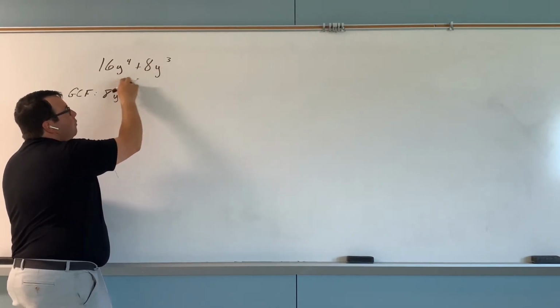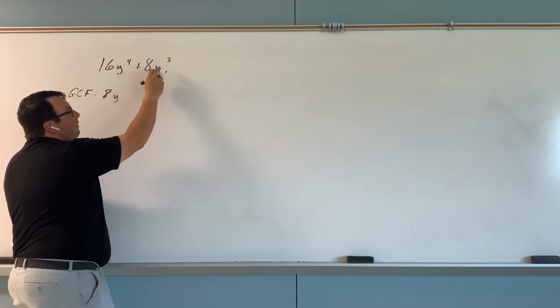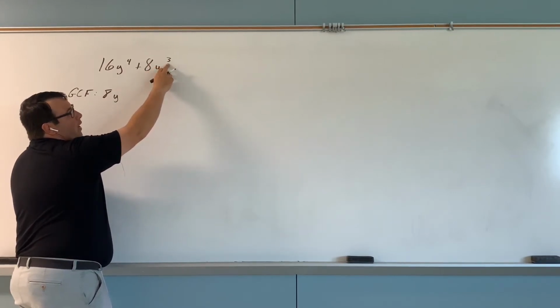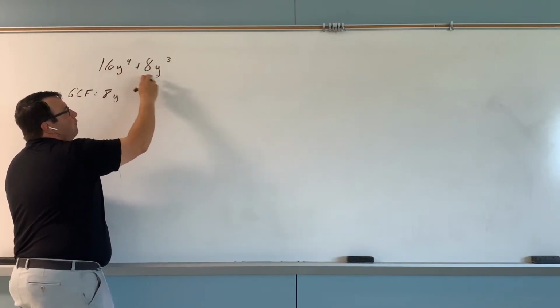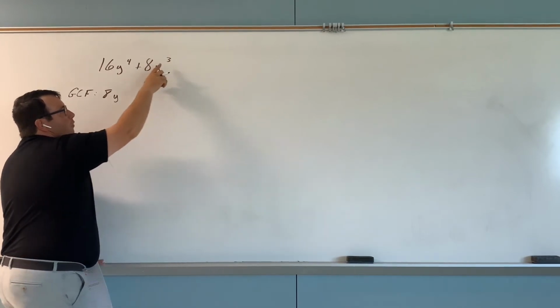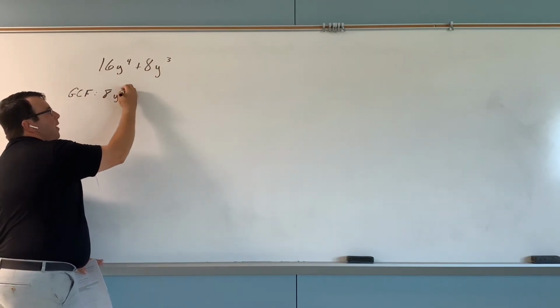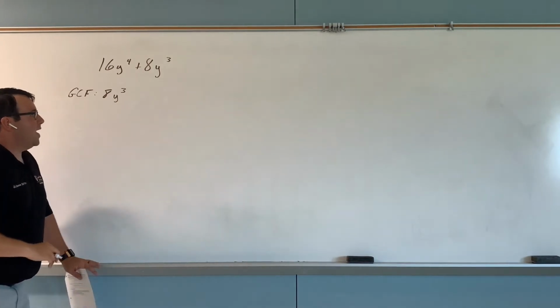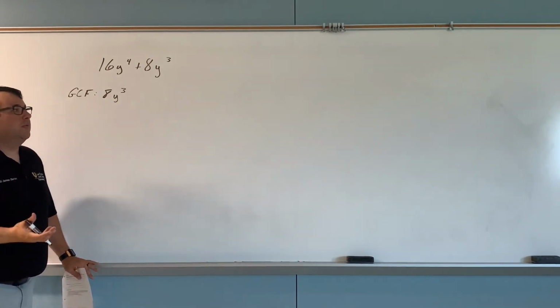So both of these contain at least 3 of the y's. This is y cubed, this is y to the fourth. You can pull at least 3 that are common throughout. So your GCF will be 8y cubed.